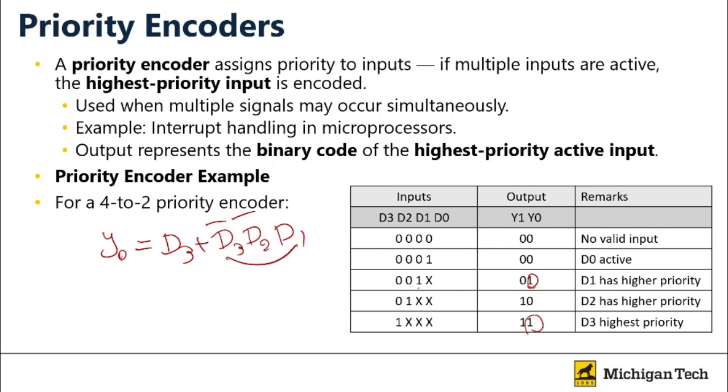This is coming from this part, and this is coming from this. And we can make that simpler, of course, because with D3 and D3 bar here, we can remove D3 bar. The result is going to be D3 plus D2 bar D1.